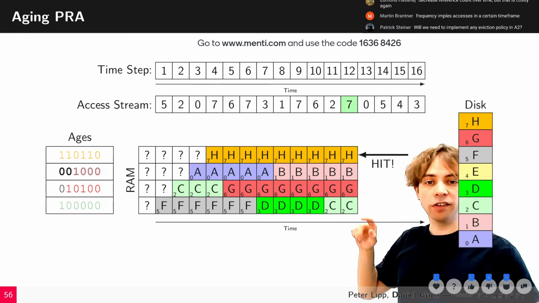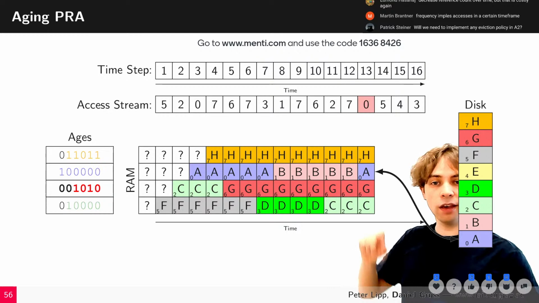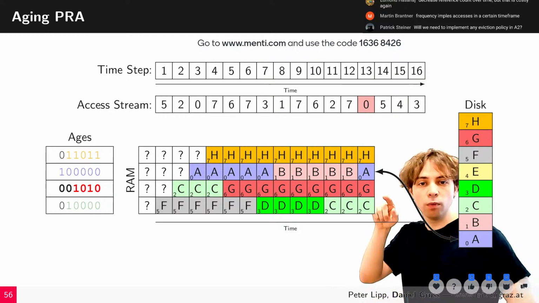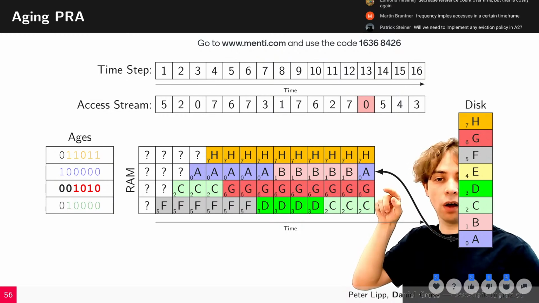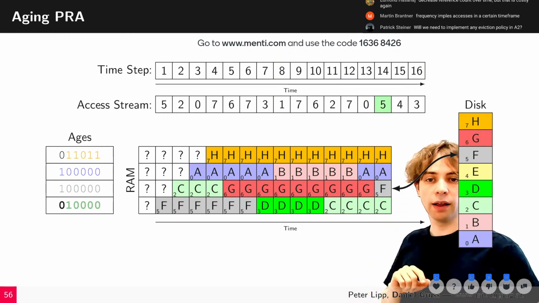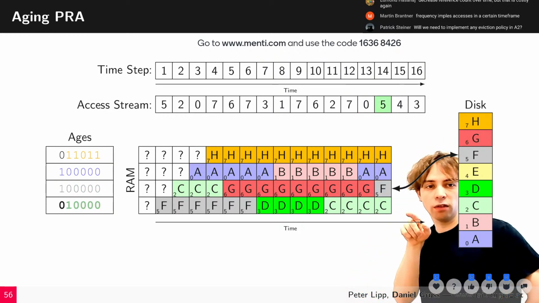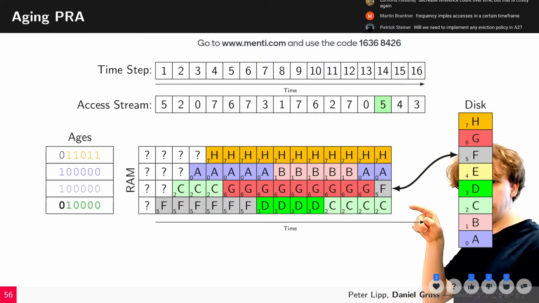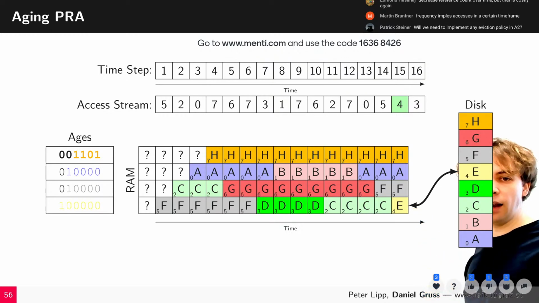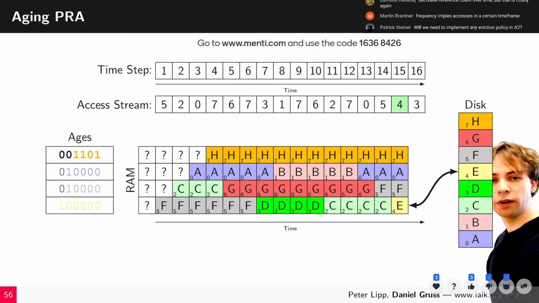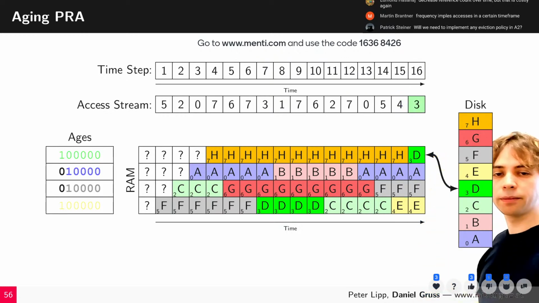Then we access location number 0, it will be placed here. Then we will access location number 5, it will go here, replace this older page here. And then we have an access to number 4, which will go to this location here. And at the end, an access to number 3, and it will go here.